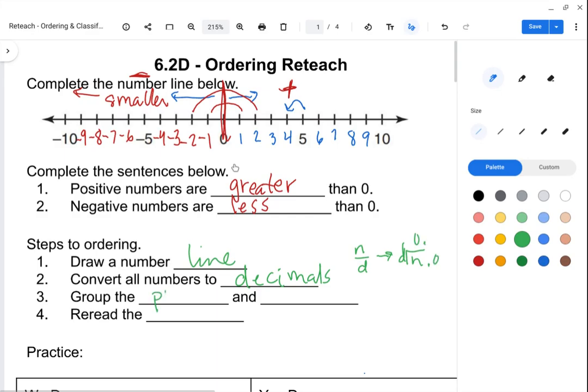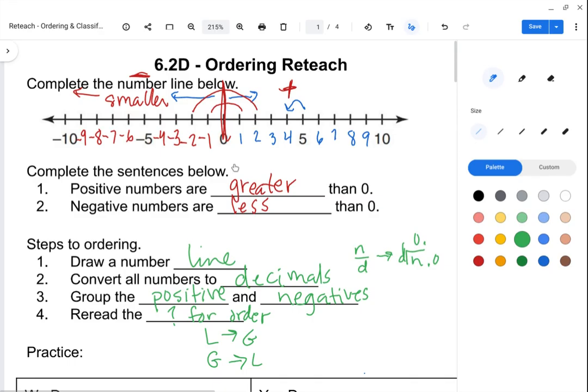Group the positives and the negatives. And reread the question for order. Are you wanting it to go least to greatest or greatest to least?